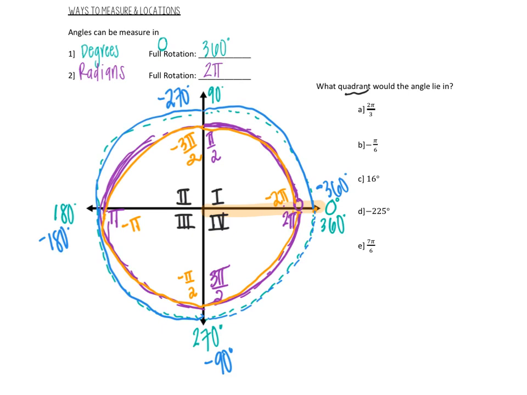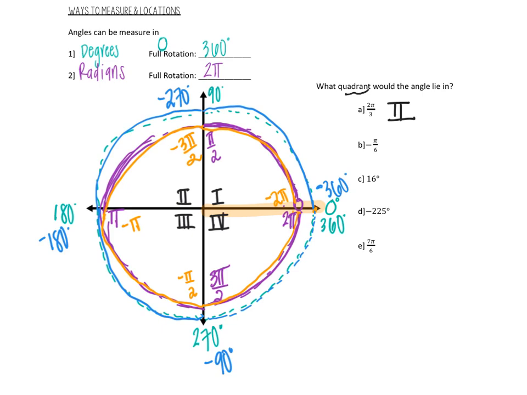If we have 2 pi over 3 radians, you've really got to think fractionally here. Ignore the pi for a second. 2/3. You need to think to yourself, is 2/3 bigger or smaller than 1 whole? Hopefully you're thinking it is larger than 1 whole. Is it bigger or larger than 1/2? It is larger than 1/2. So 2 pi over 3 radians would land in quadrant 2.